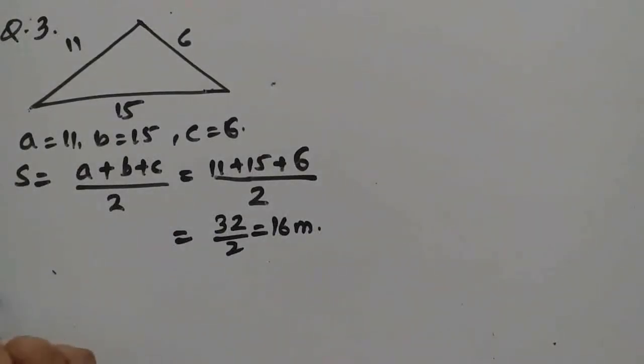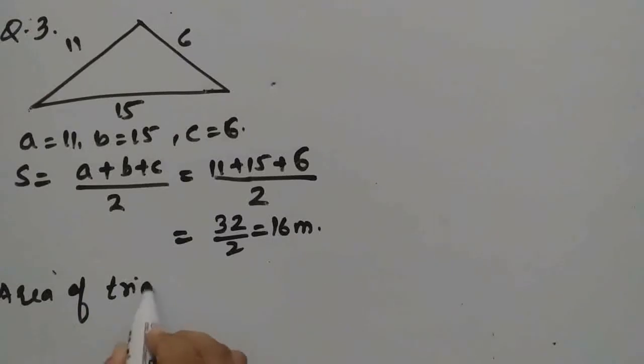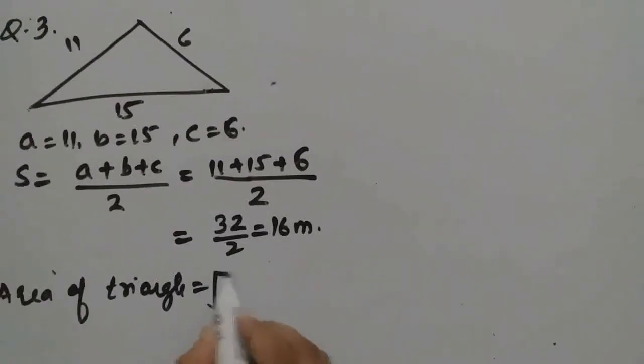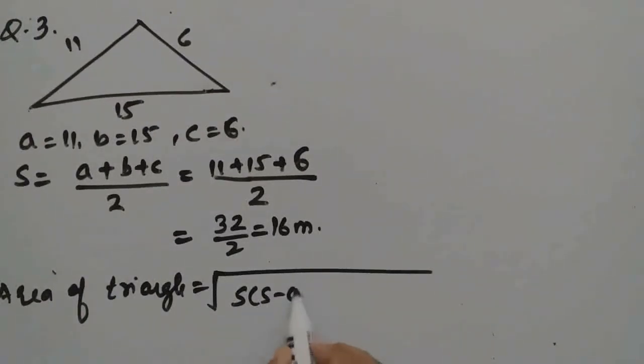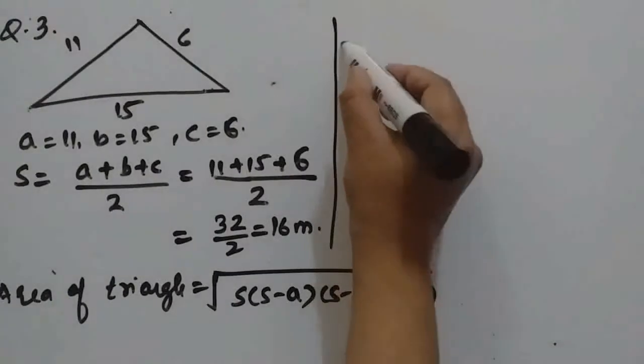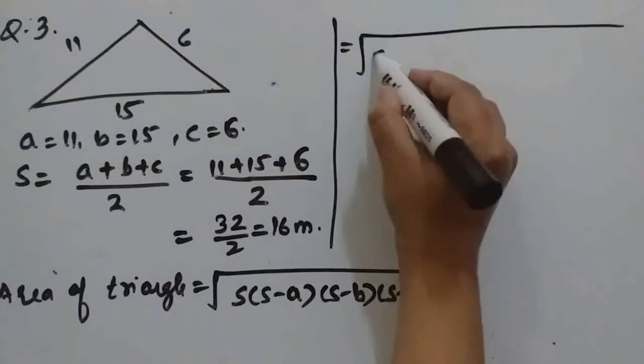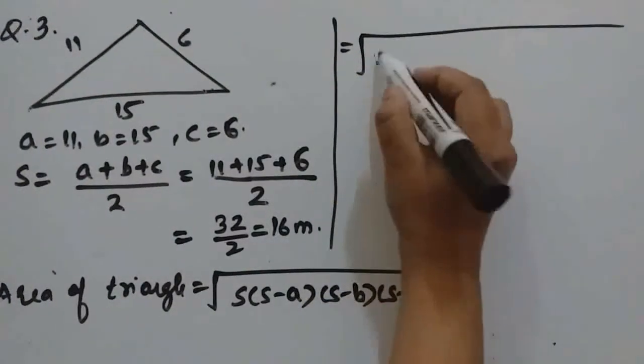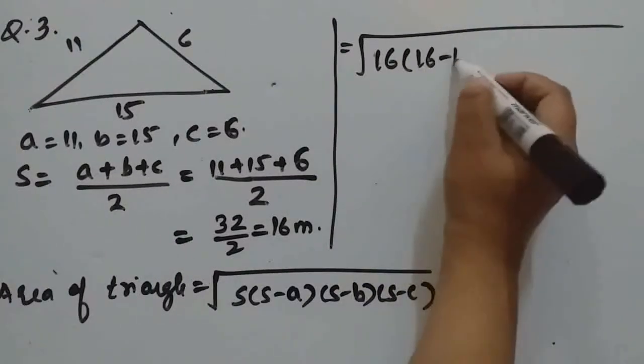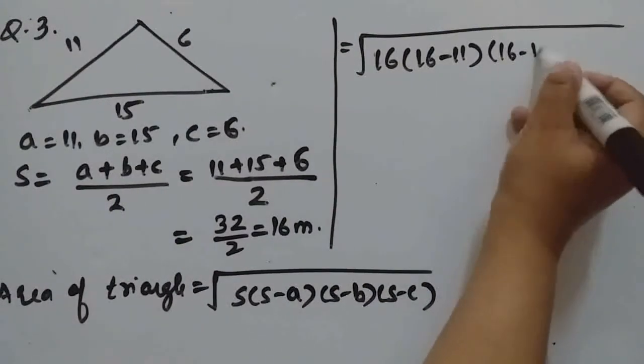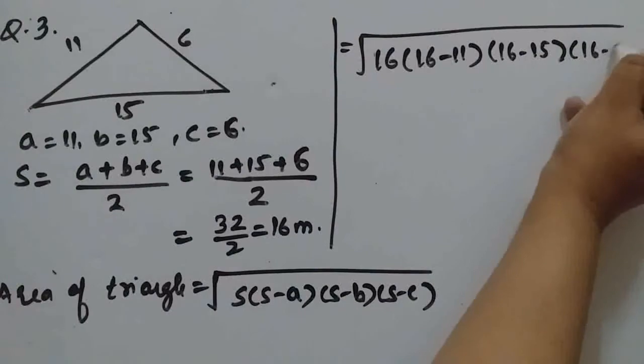Okay. Now the area of the triangular wall is given by the formula root of S, S minus A, S minus B, S minus C. So now we'll substitute the values here. S is 16 now. So 16 minus 11, 16 minus 15, 16 minus 6.